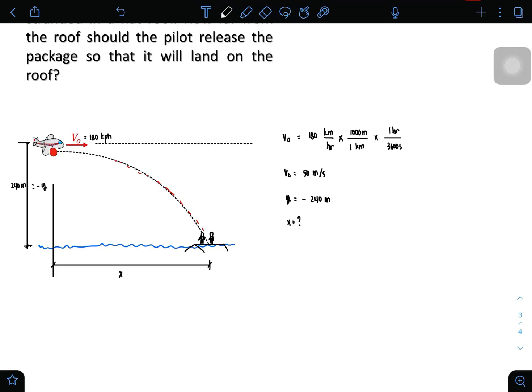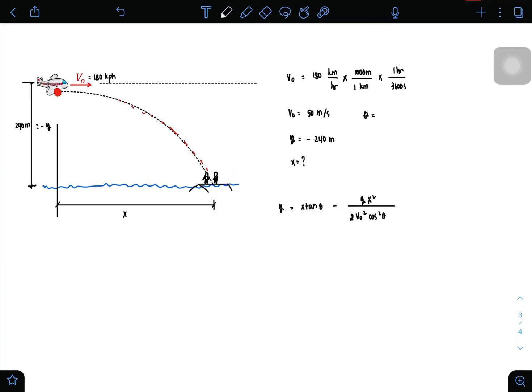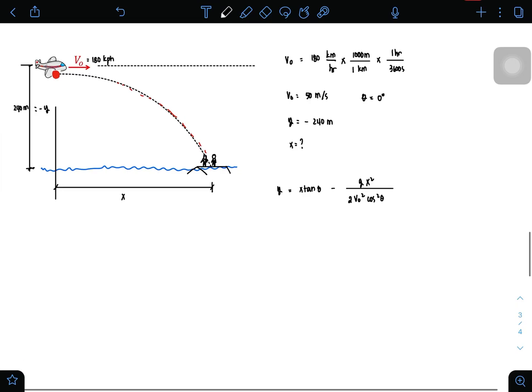So we're going to use the flight trajectory formula: y equals x tangent theta minus g times x squared over 2 times the initial velocity squared times cosine squared theta. By the way, as you can observe, it's traveling horizontally, therefore theta is 0.